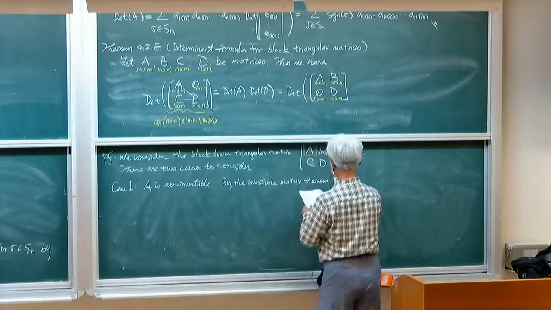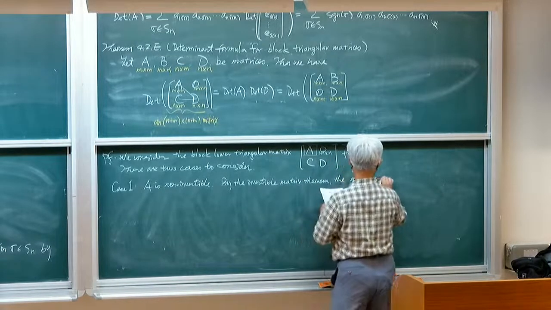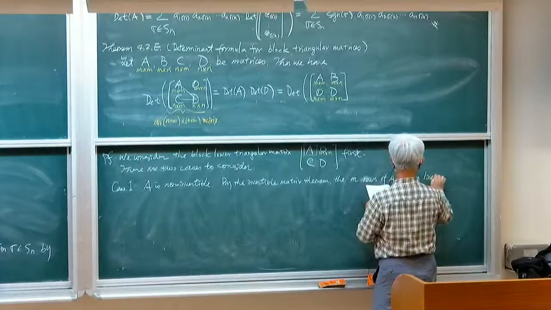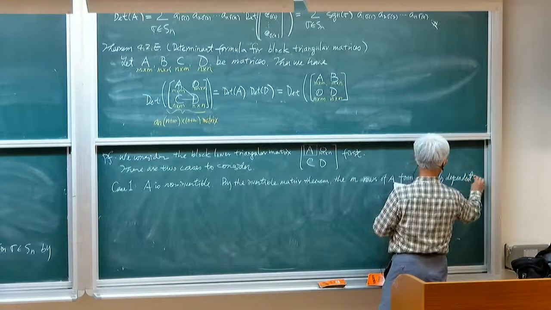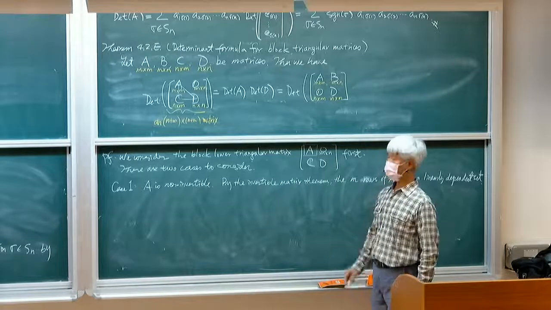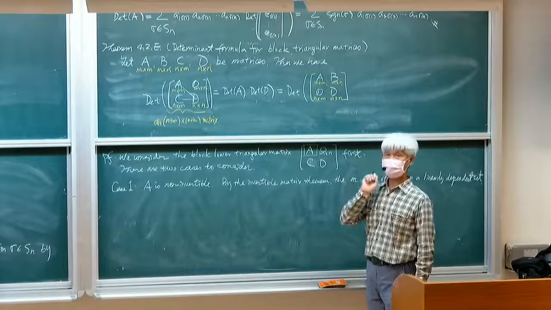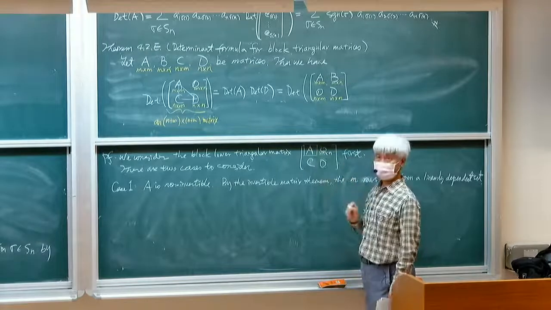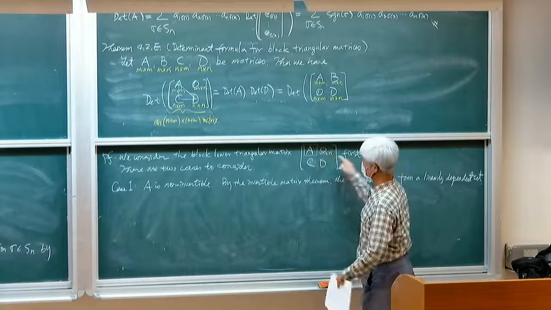Okay, the m rows of A form a linearly dependent set. Okay, so when A is non-invertible, then A has m rows. These m rows form a linearly dependent set. Now, if the rows of A form a linearly dependent set, then we extend zeros here.